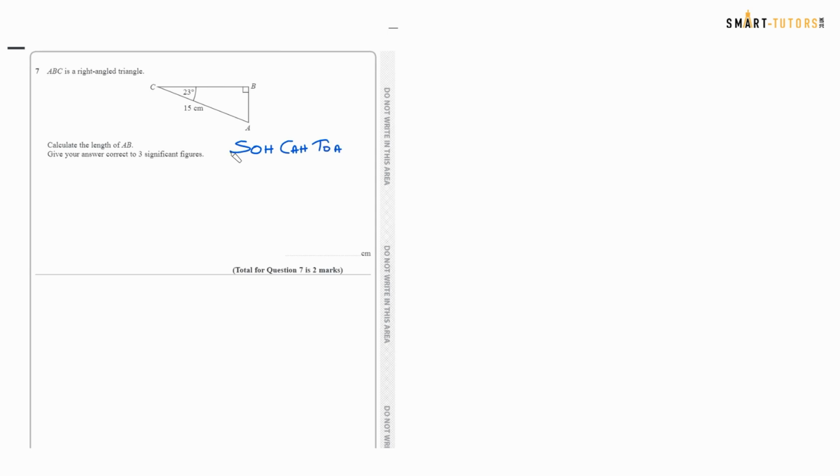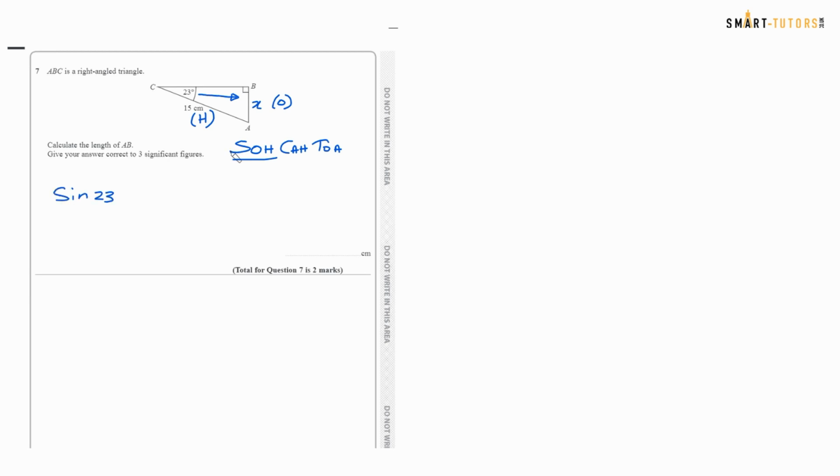So first step is for the given angle, and this AB is the opposite side in question. So AB is, let's say, X, that is the opposite side, and 90 degrees opposite is the hypotenuse. So the 15 is hypotenuse. O and H are connected by sine.